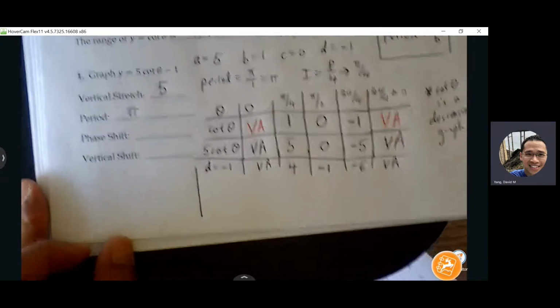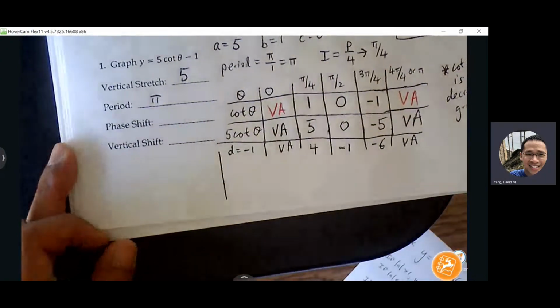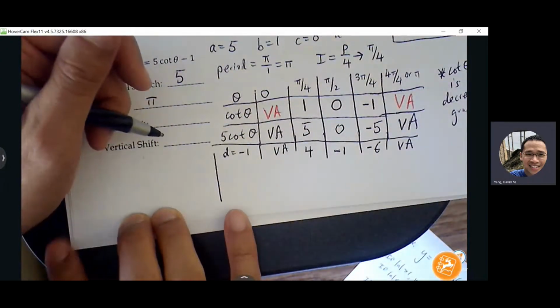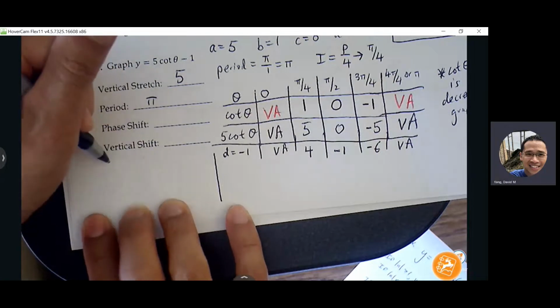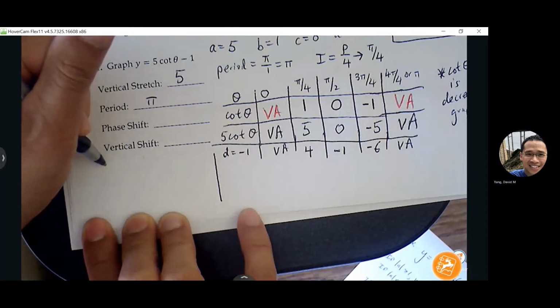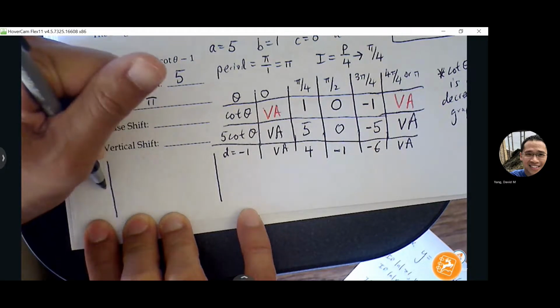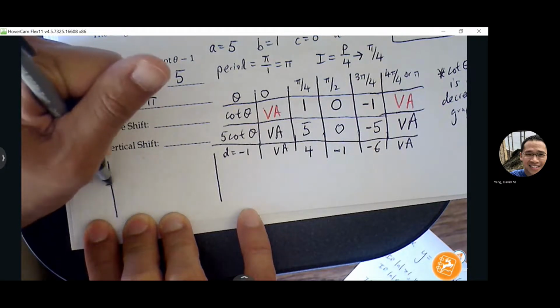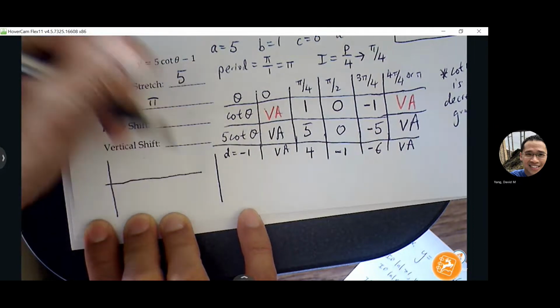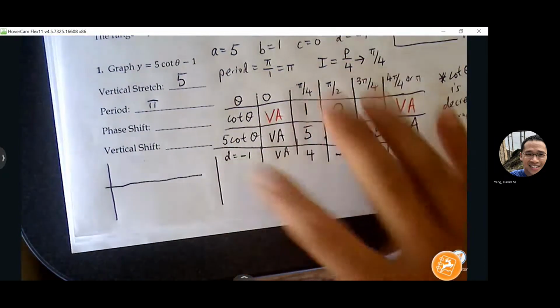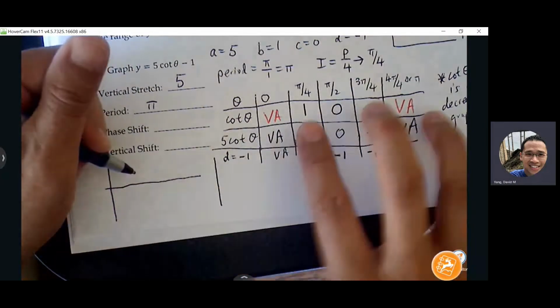Sorry if you're running out of room. But it's not too much, so I think we can do it. Okay, I'm gonna create all my x values here.